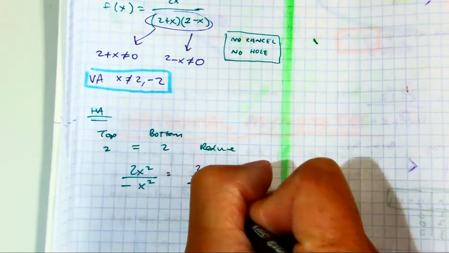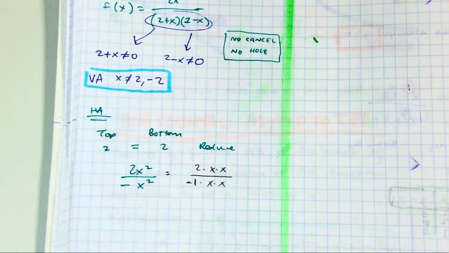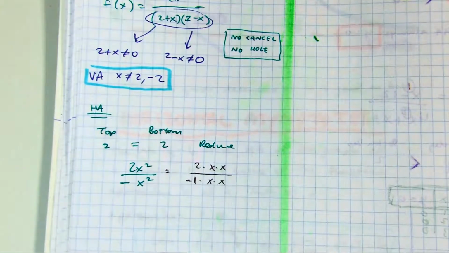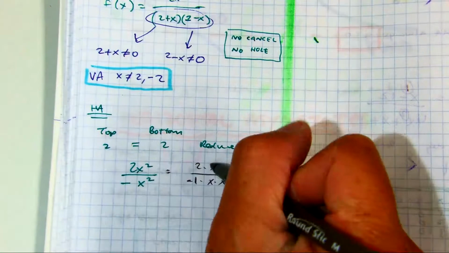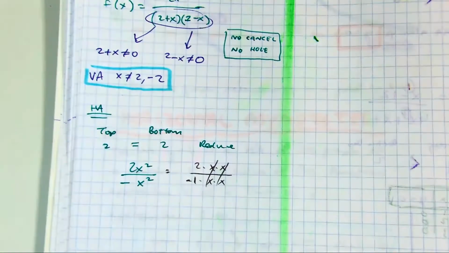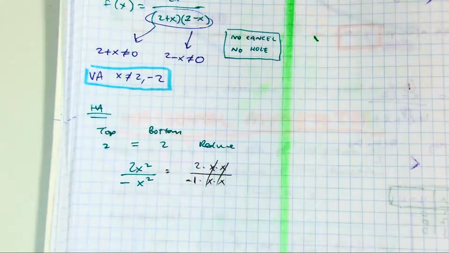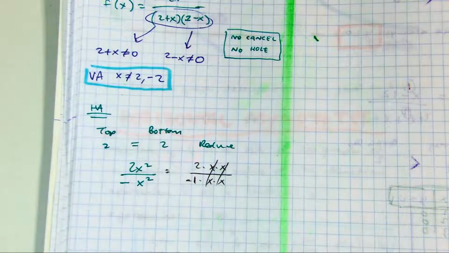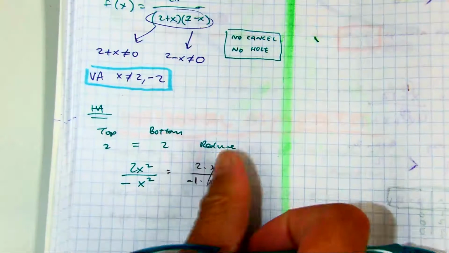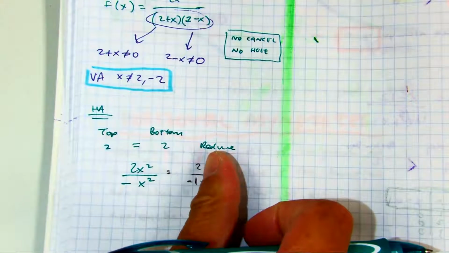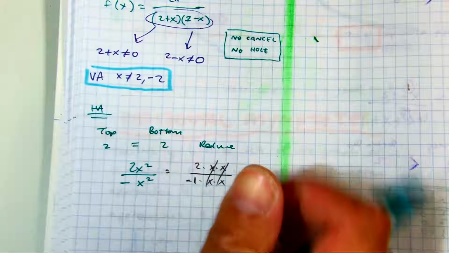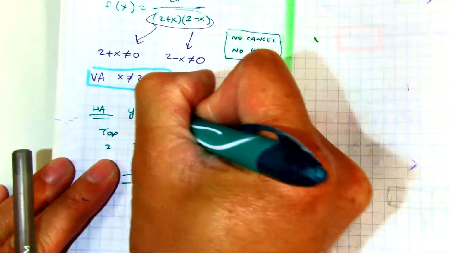I'm going to put a 1 for the negative 1. So how would you simplify or reduce that now? Yeah. What's left? And what is 2 divided by negative 1? Positive or negative? There you go. Y equals negative 2. Raise your hand if you got that.